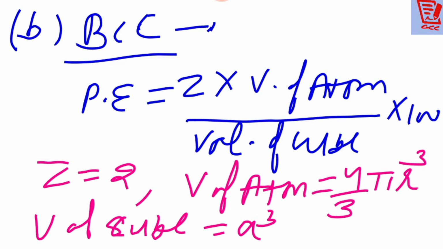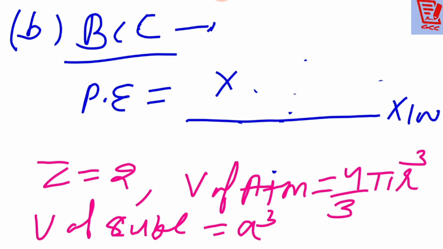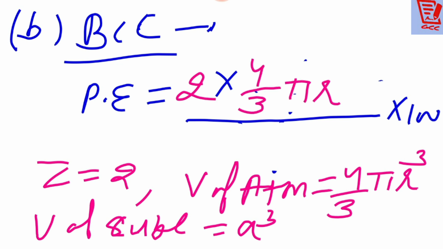So we can put all these values over here, one by one, in this formula. Z value is 2, here 4 by 3 pi r cube, and here a cube. I hope you are getting my point, all of you.